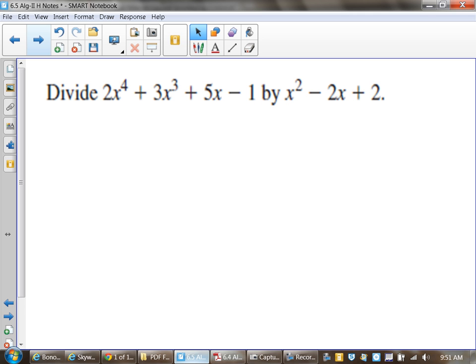I have 2x to the fourth plus 3x cubed plus 5x minus 1. Now, when you write that out, does this one need a placeholder? Where does it need the placeholder? At the x squared. What are you going to put as the coefficient for the x squared then? Very good.